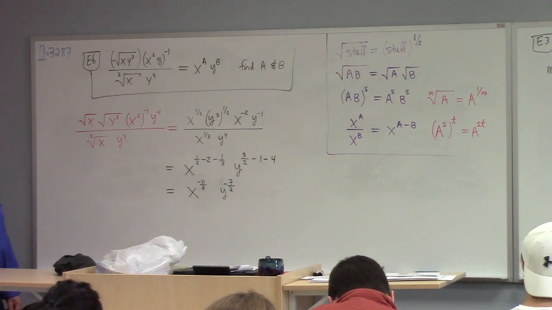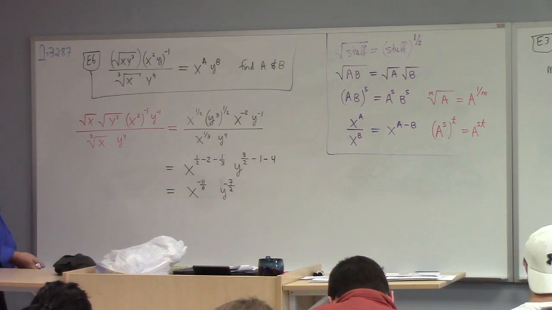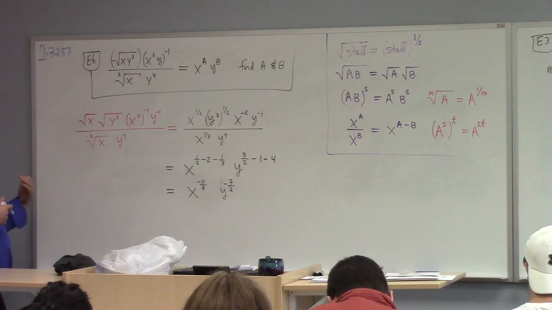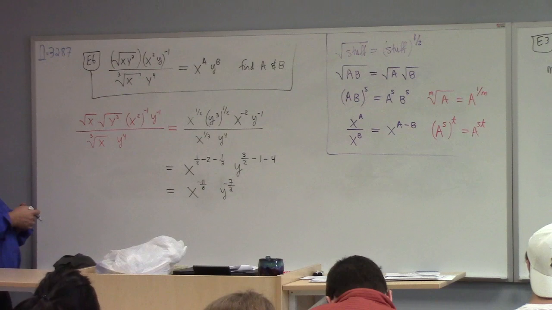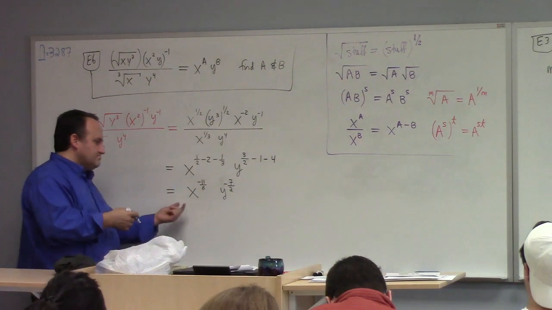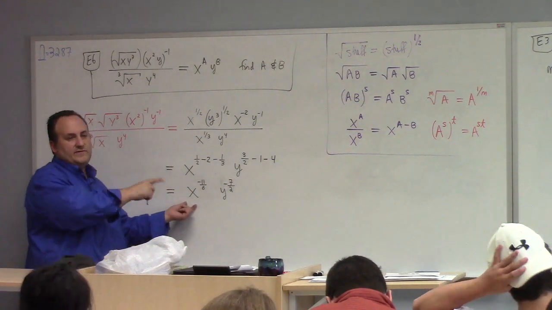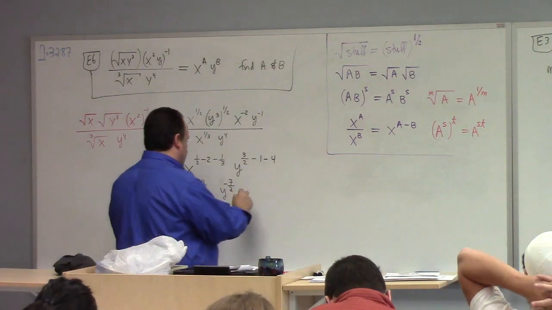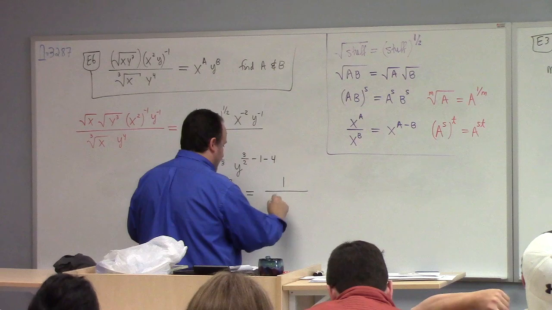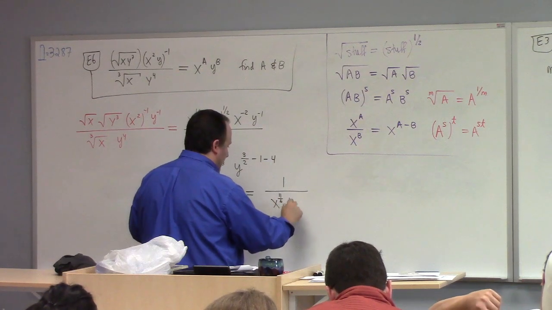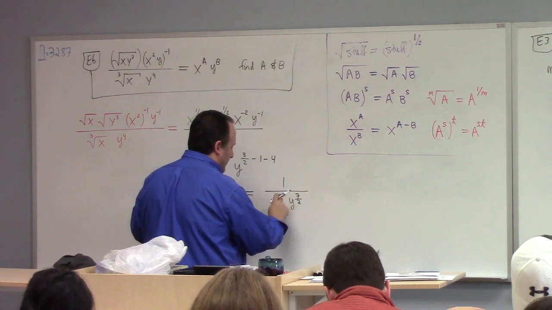So now, the thing is, it doesn't matter what order of steps you did these things in. If you did it a different way, you'd still get this as your end product as long as you put x and y like this, right? Now, what's another way I could write this? I could also write this as 1 over x to the 11/6 times y to the 7/2. So you might have some problems.